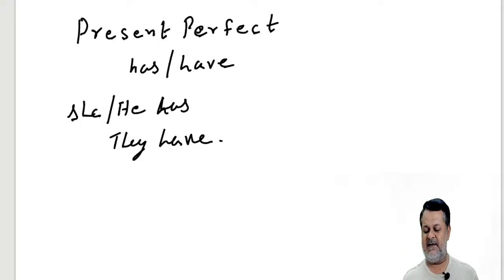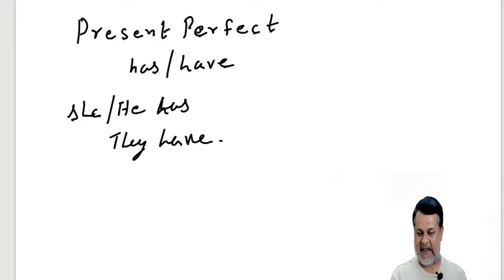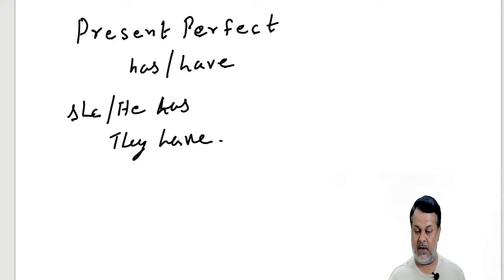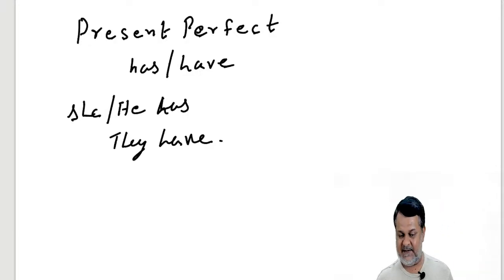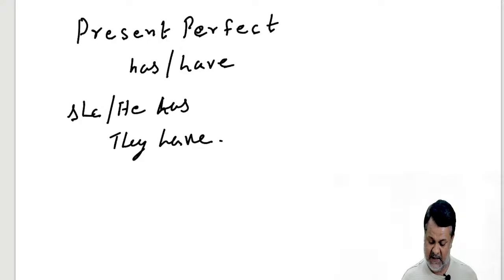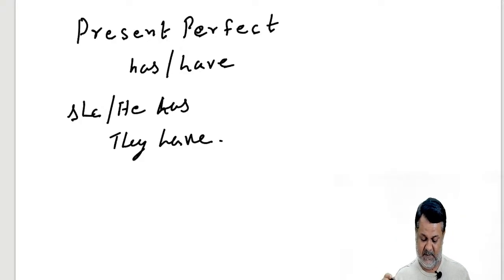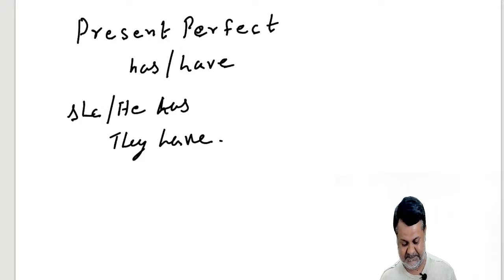Present perfect, we are talking about something that happened or the action has just completed, but we are not specifying any time. Past perfect is when we are talking about something that happened in the past before another action started.